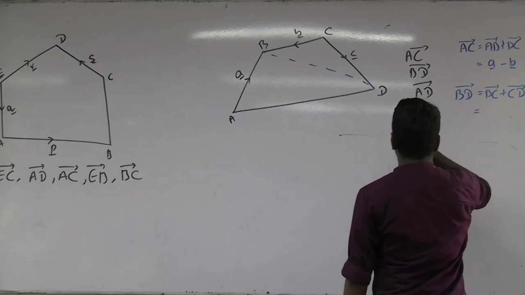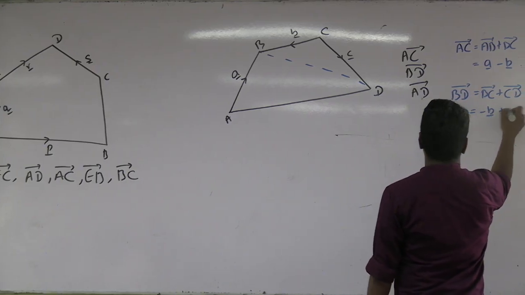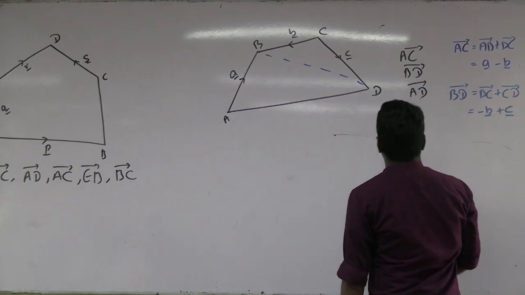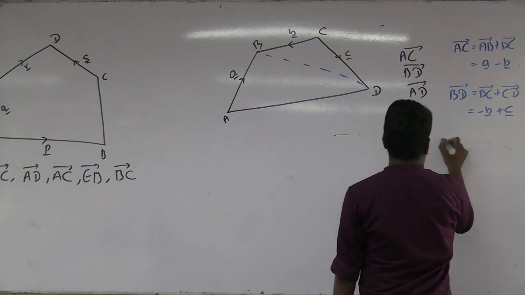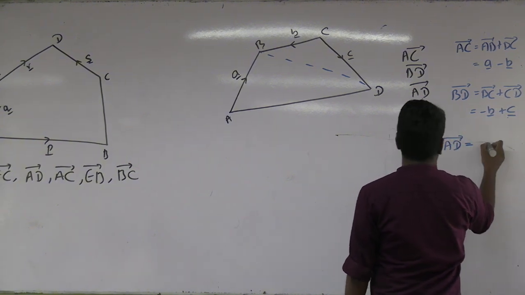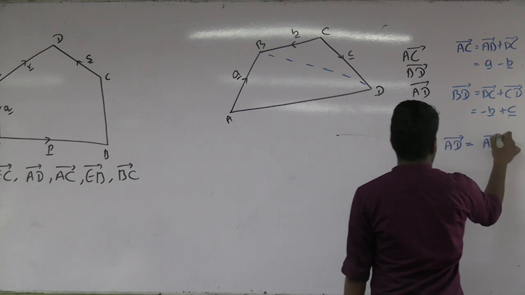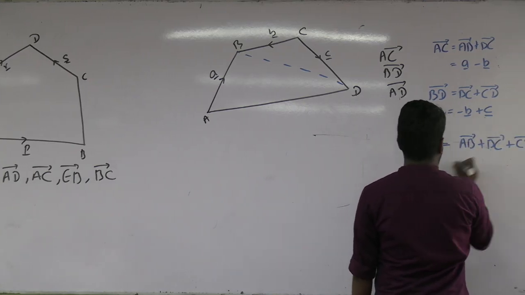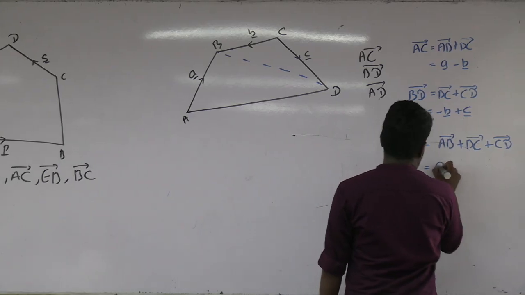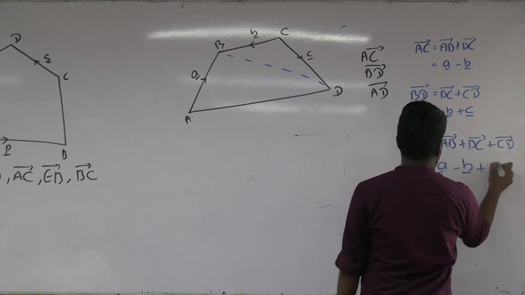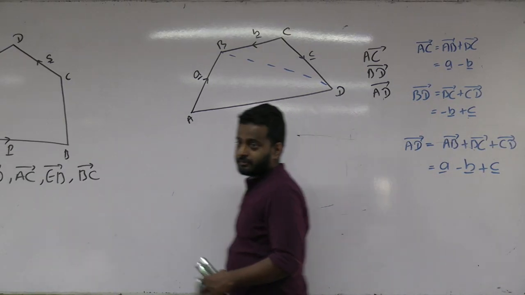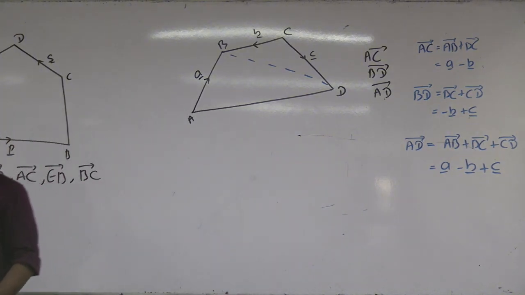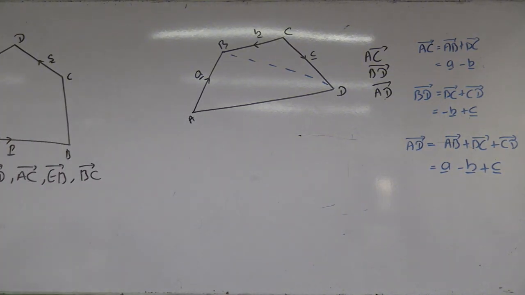So BC means minus B plus C. And finally the vector AD. So AD is equal to AB plus BC plus CD. So AB is simple A and this is minus B and this is plus C. Just check whether the answers are correct for AC, BD and AD.